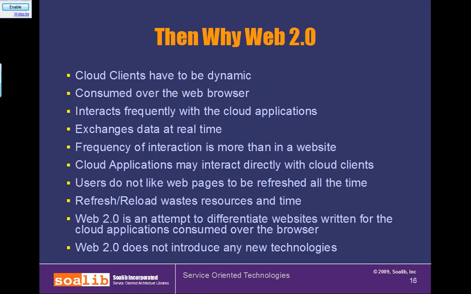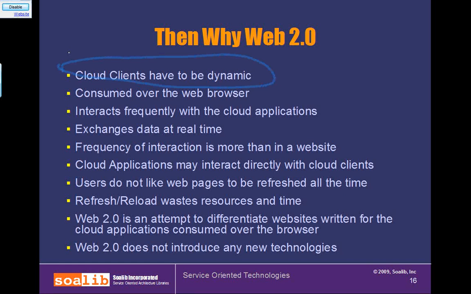Then why do we have Web 2.0? This covers what I just said a few minutes ago, that the cloud client has to be dynamic. That means that someone who is trying to consume a cloud application may be using their browser to consume the application.